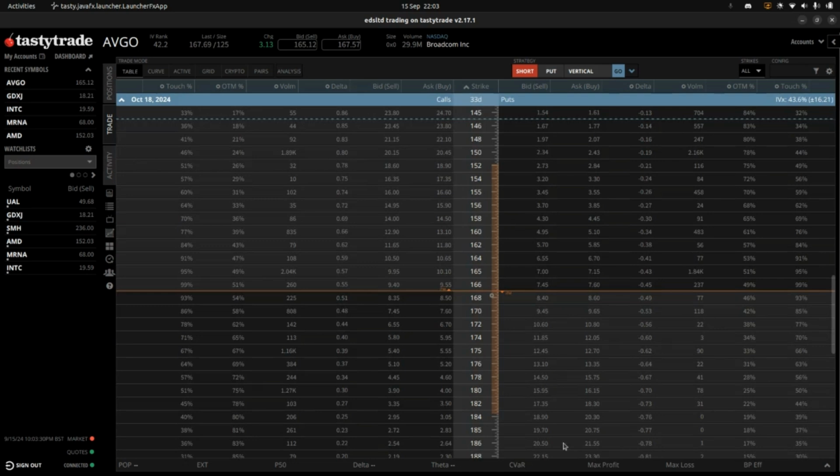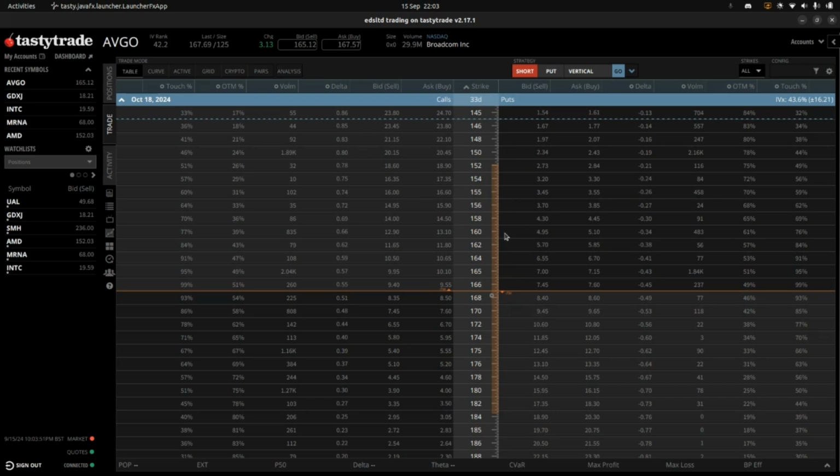So now we have this options chain here. The market is currently closed, but it's fine. This is obviously just for example purposes. This orange bar shows you the expected move of AVGO over the next 33 days. Of course, we're going to be writing the options contracts.